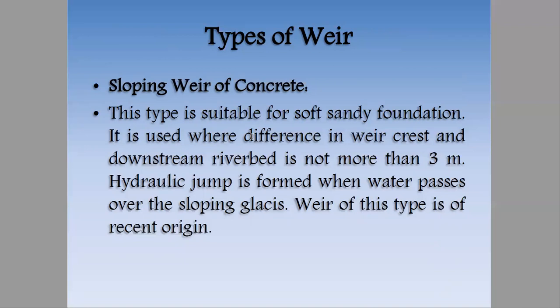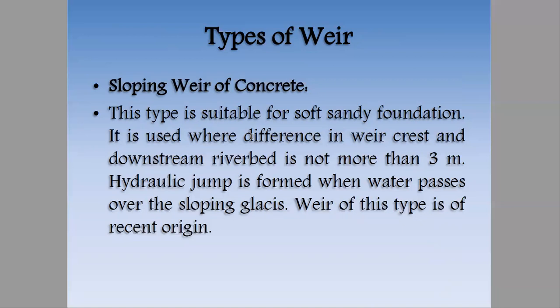A hydraulic jump is formed when water passes over the sloping glacis. And what is hydraulic jump? You are now well aware because I have discussed this in the same series, in the third or fourth lecture, in case of falls and in case of super passages also.